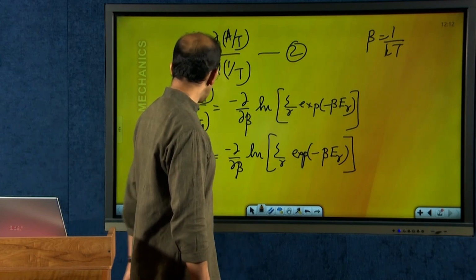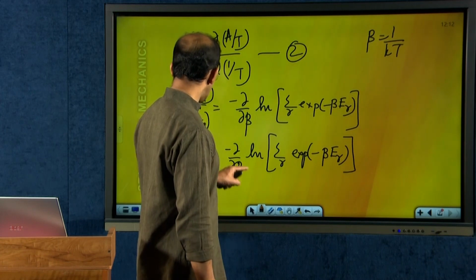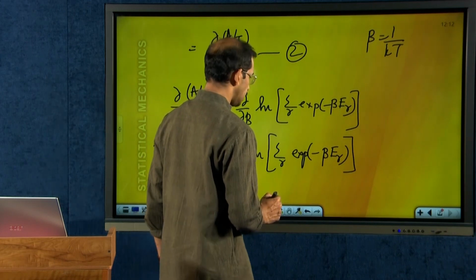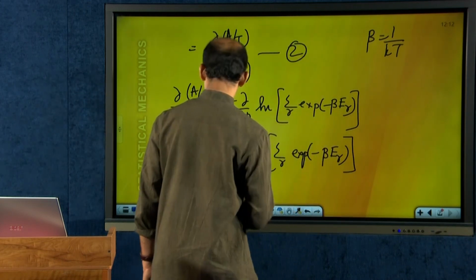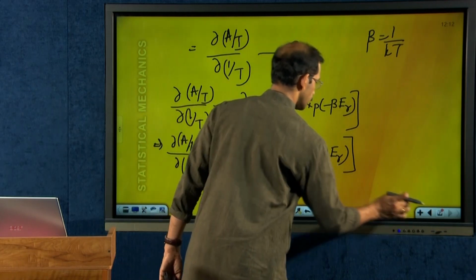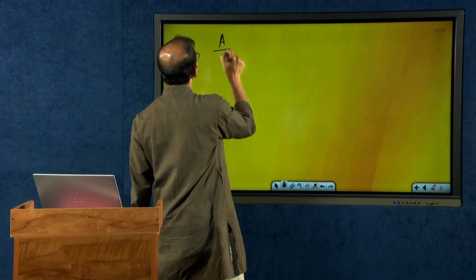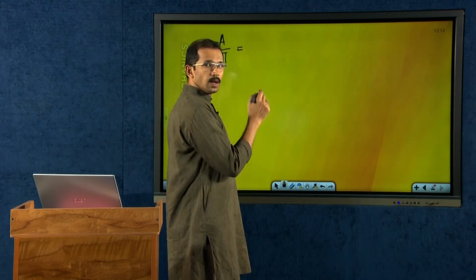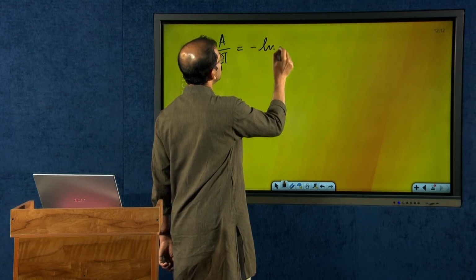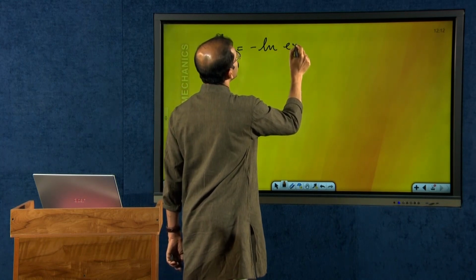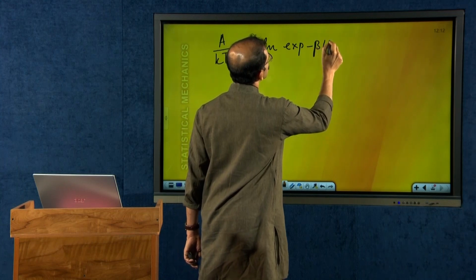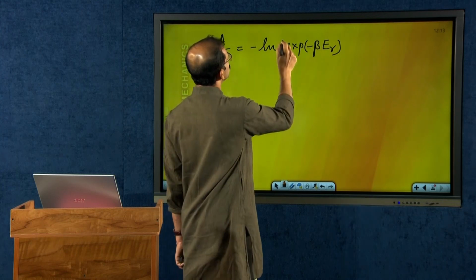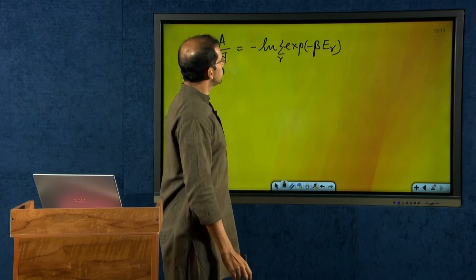I cancel the beta part over there and differentiate, then I can write A by kT is equal to minus ln of the sum over R exponential minus beta E_R, right.